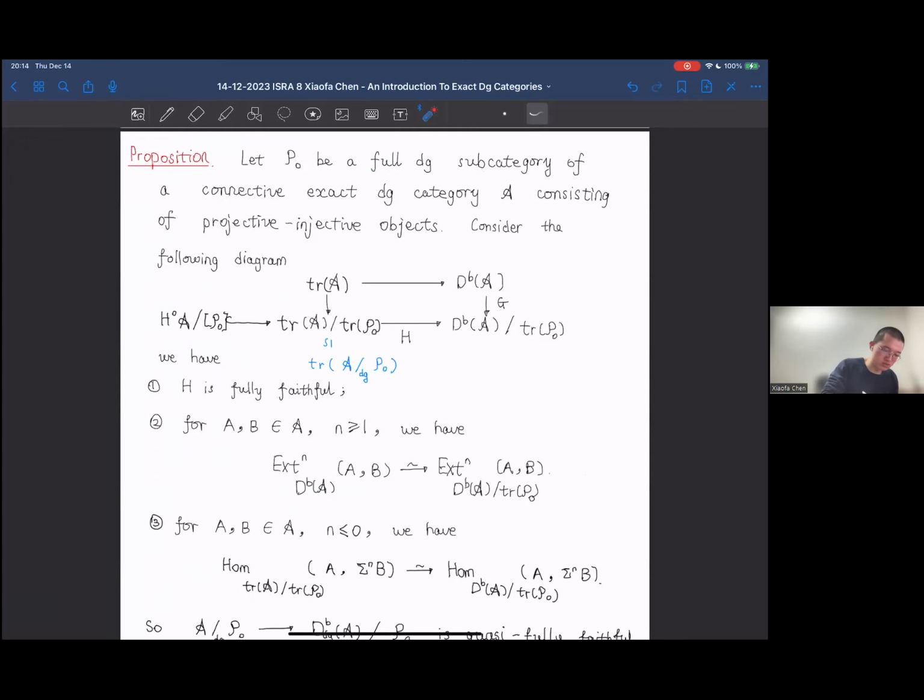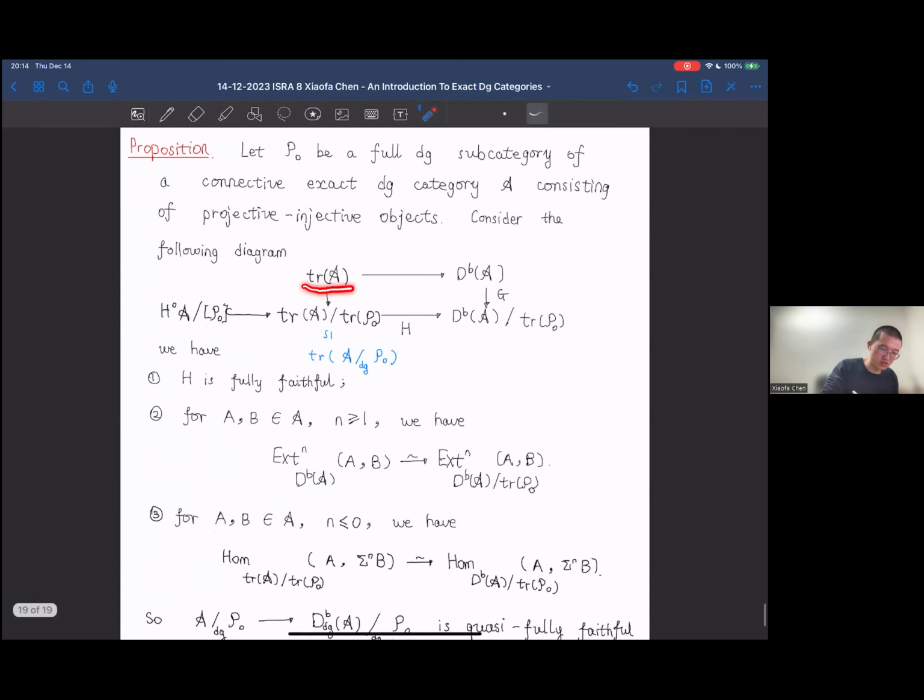We start with the pre-triangulated hull of A, then the quotient map to the bounded derived category of A. We can also pass to the pre-triangulated hull of the DG quotient of A by P0, and both can pass to the bounded derived category quotient by the triangulated subcategory generated by P0.